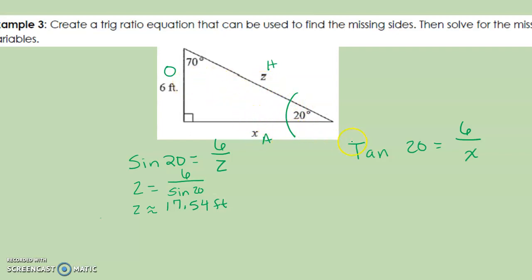I have my opposite and my adjacent, that's going to be tan. Again, my variable's in the denominator, so when I move it over, I'm going to have 6 divided by tan 20, and x would be approximately equal to, get my calculator, 6 is my numerator, now tan 20 is my denominator, 16.48.